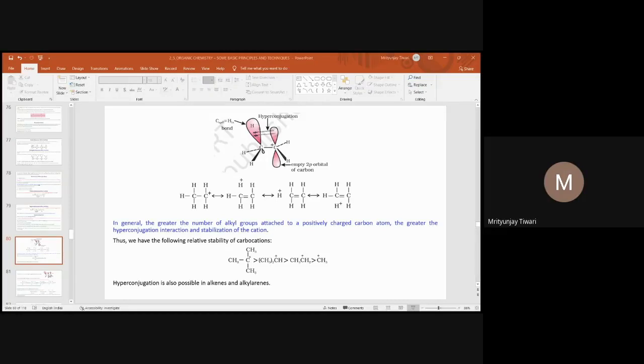these reactions are. The substitution means there is already something and you are substituting it with something else. So if an organic molecule is there, and in that organic molecule an existing group is substituted by some new group, then such reactions are called substitution reactions.